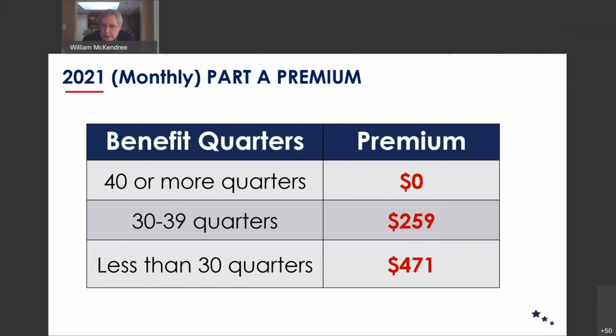Times 10 years that you're working, you have your 40 quarter credits, and you are entitled to Medicare Part A at a zero premium. Individuals that have worked less than the 10 years necessary to accumulate the 40 quarters or started paying into the Medicare system at a later time in their life may not have the necessary 40 quarters, and they may have to pay a premium for Part A.